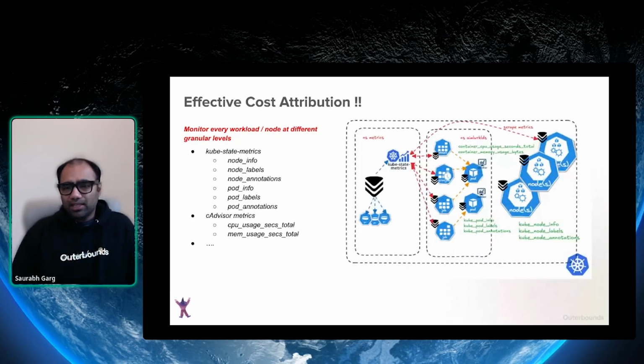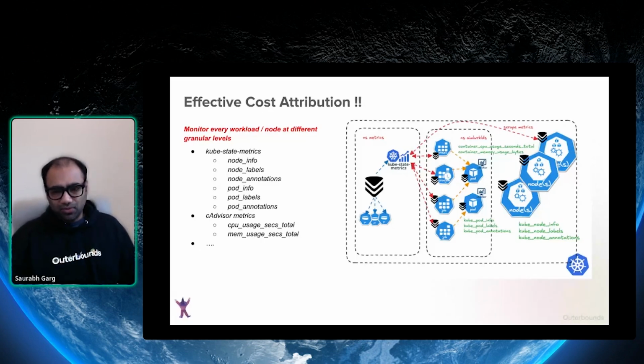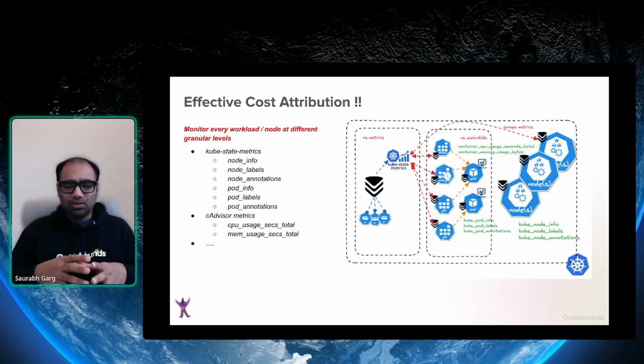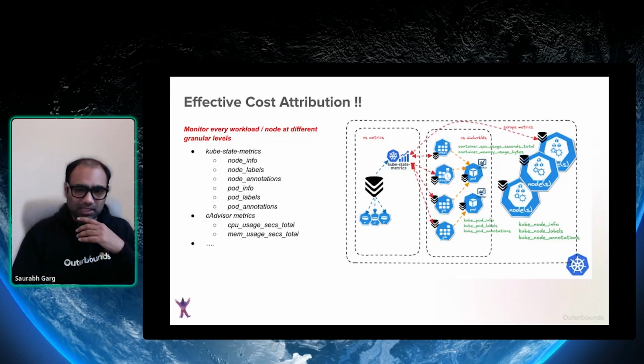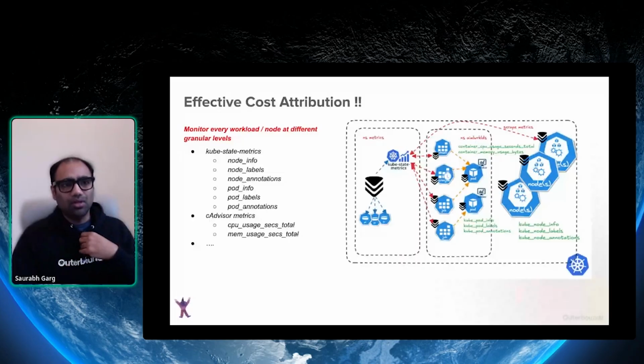From an architectural perspective, there are nodes on the right which are spitting out metrics for node information, and then you could have namespaces in which your specific workloads are executing, which are emitting metrics not only for CPU usage or memory usage, but also for native metrics like what are the labels on the pods, what are the annotations on the pods. All of that could get ingested via metric ingesters like VictoriaMetrics, and then you could potentially run Grafana queries in order to figure out how to do the cost attribution.